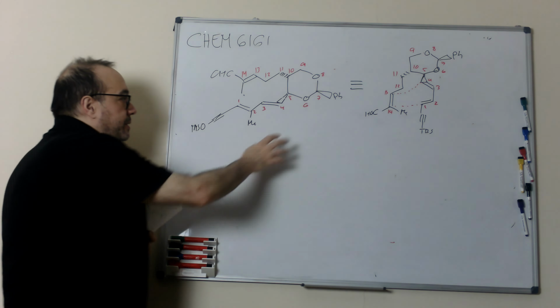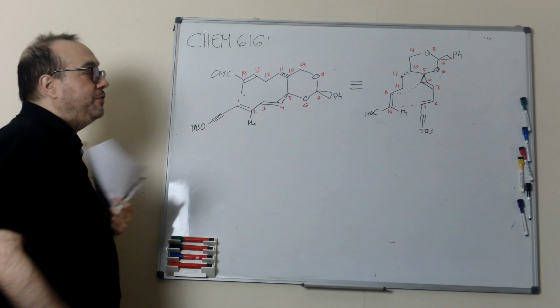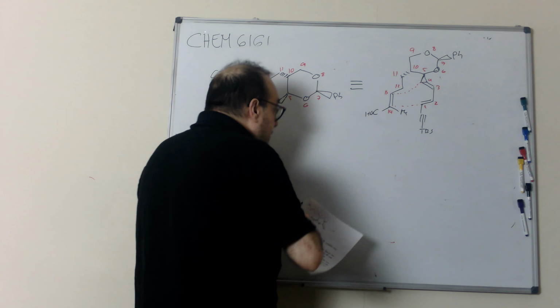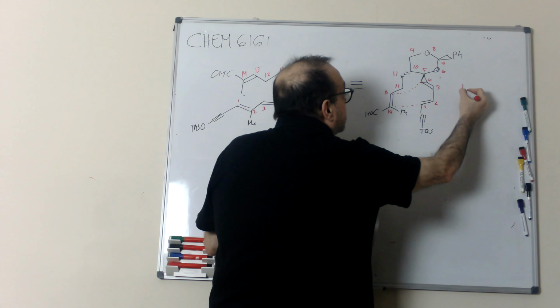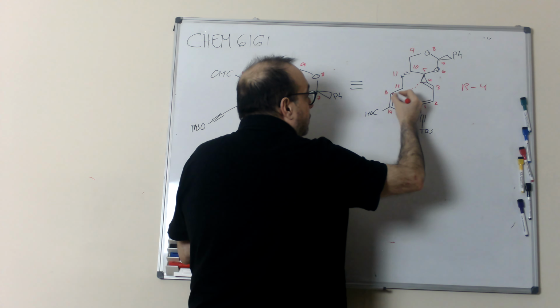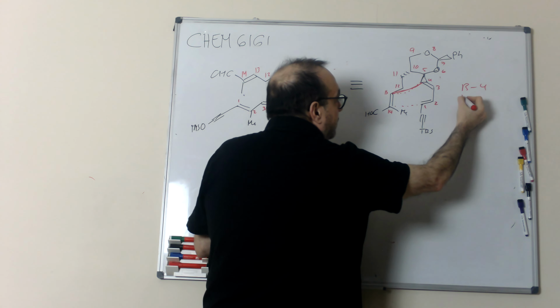I didn't change anything, the only that I put is the double bond and the diene, more or less facing one to the other, and showing that we are forming a 13-4 bond. We are forming this bond, and we are forming a 14-1 bond.